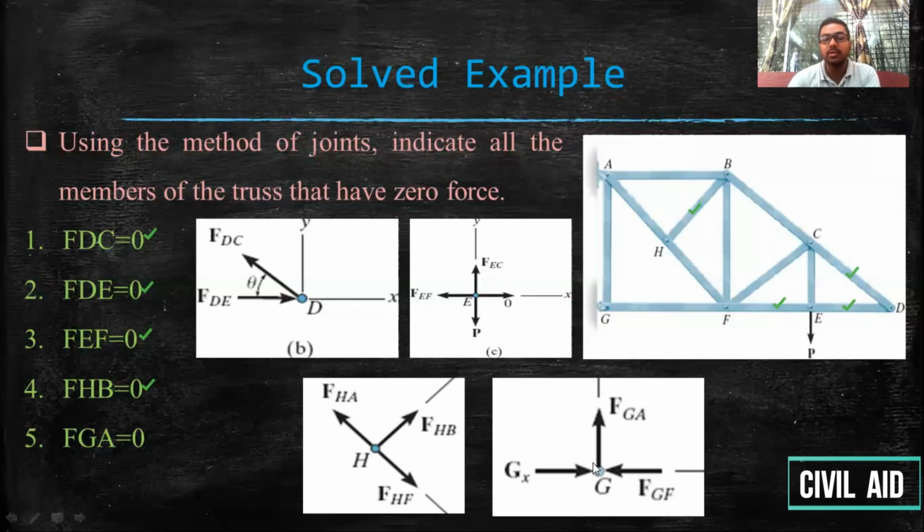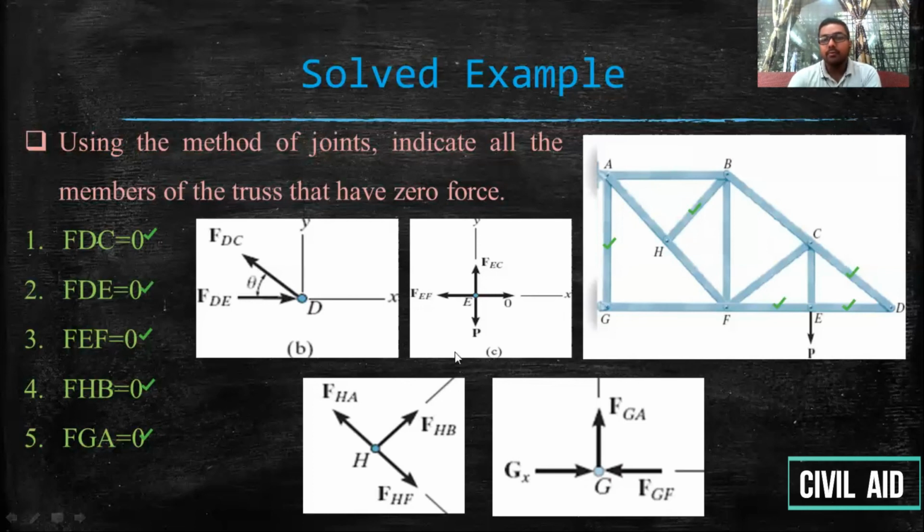From this visual observation we can say that member GA is a zero force member. So these are the 5 members that are zero force members.